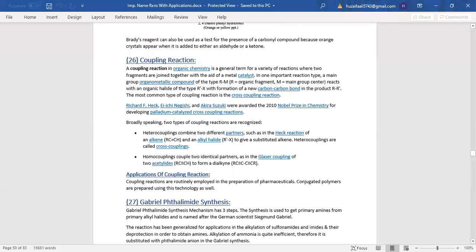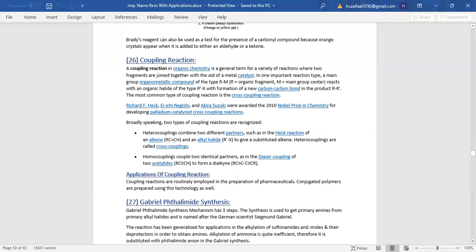Broadly speaking, two types of coupling reactions are recognized. Heterocouplings combine two different partners, such as in the reaction of an alkene and alkyl halide to give a substituted alkene. Heterocouplings are called cross couplings.